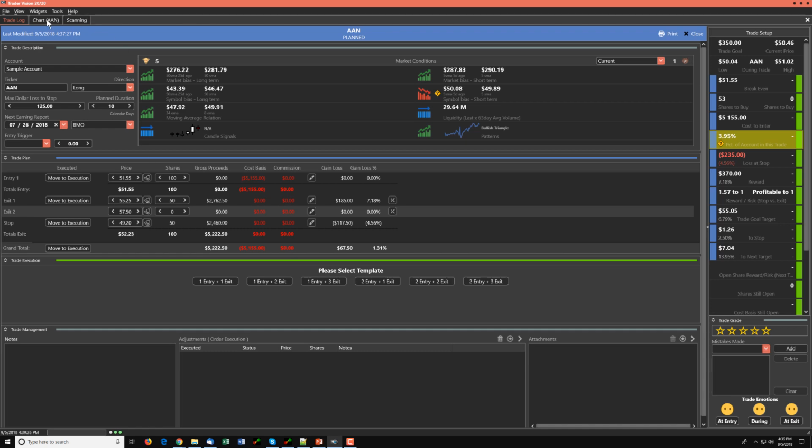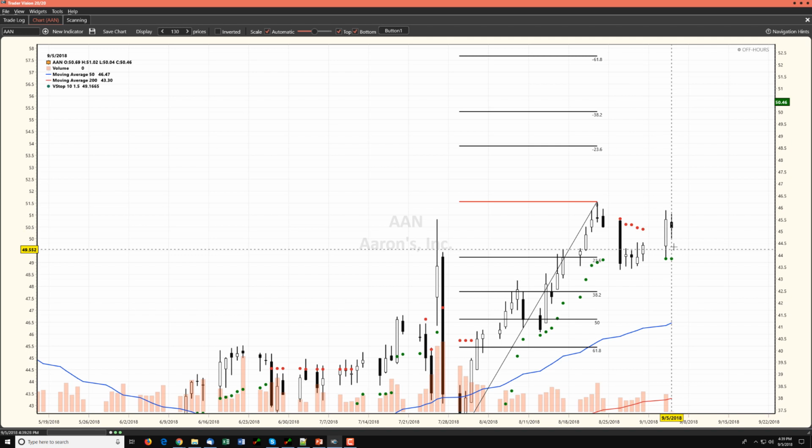Let's go back and look at that. I could maybe see that there might be some support in here across these highs, this low, and these highs. And if I were counting on that, I would put my stop, let's say, 49.40. Let's see if that makes the trade doable.